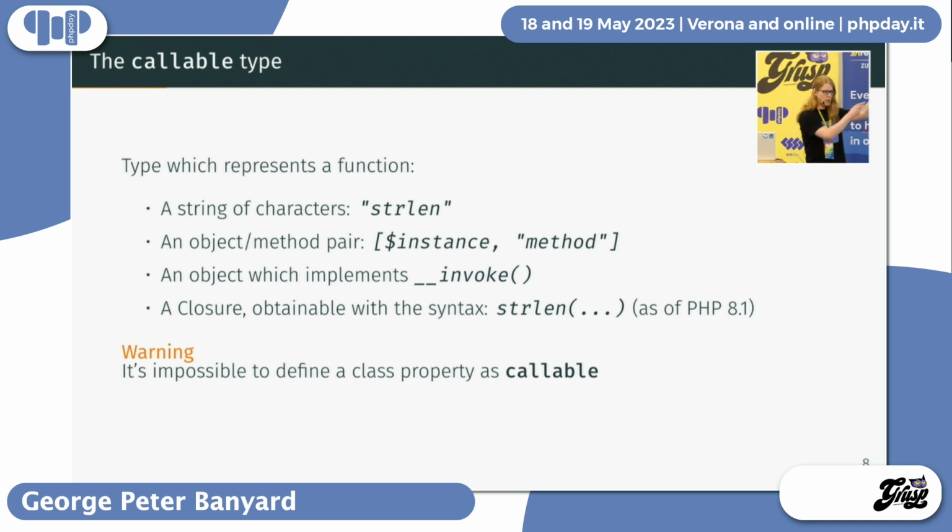This is part of the syntax, this is not just, oh, add some parameters. strlen(...) will give you a closure which represents the strlen function. There's also another caveat with callable. You cannot declare a typed property to be of type callable due to some scoping issues. If you want to actually store a function in a property, just use the Closure type and again use the new syntax of 8.1 to get a closure.